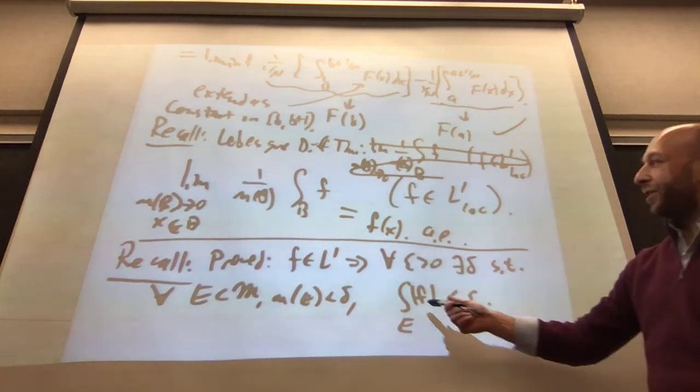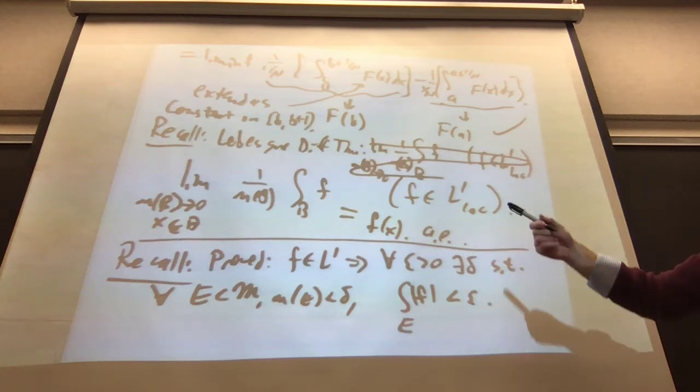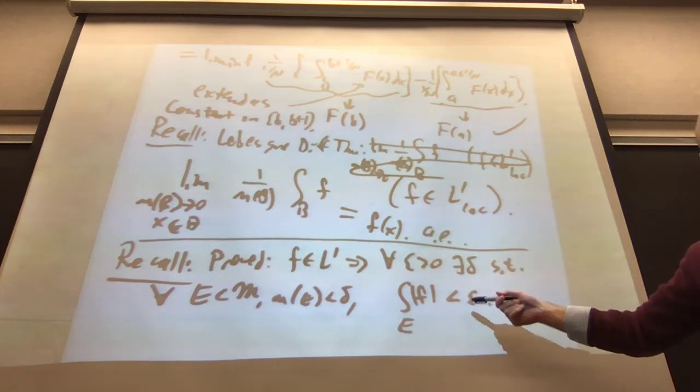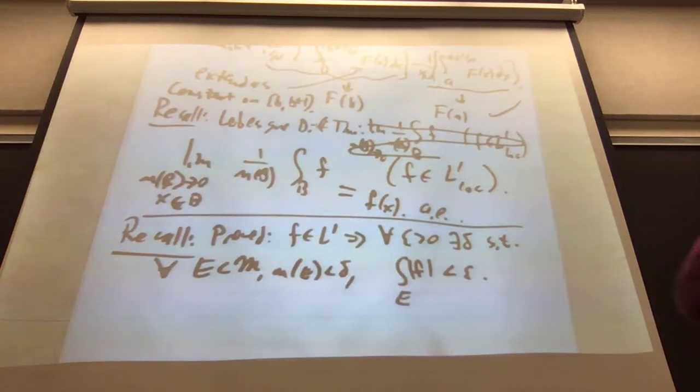So if you want a function which has a derivative, it had better be an absolutely continuous function. So let's define absolute continuity on the real line.